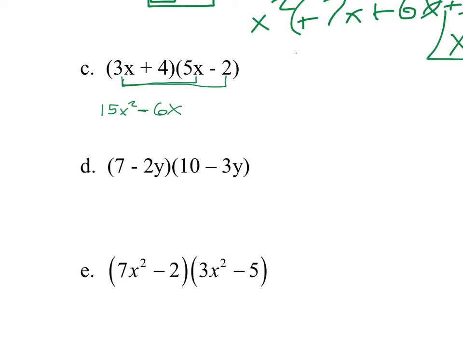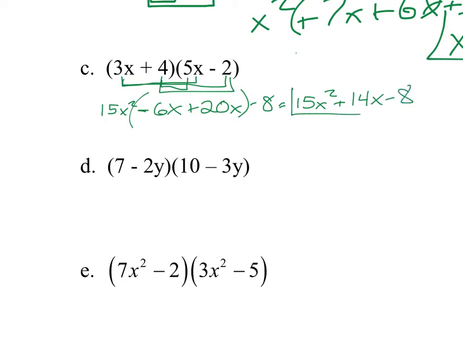All right, and then I have inner and last. Add the two middle terms. 20 minus 6 is 14, plus 14x minus 8. Final answer.